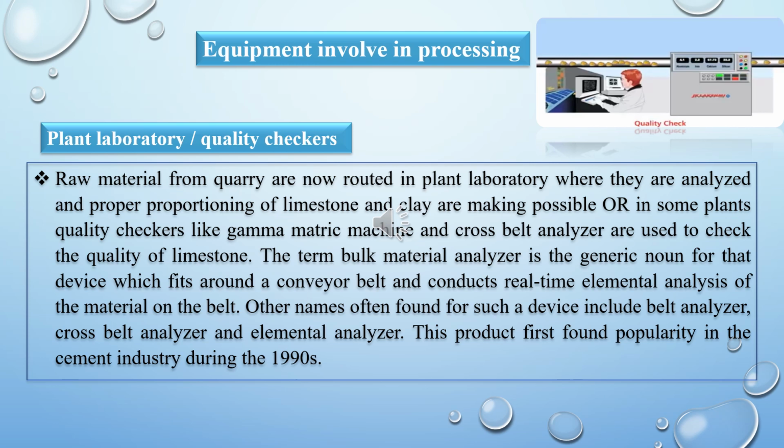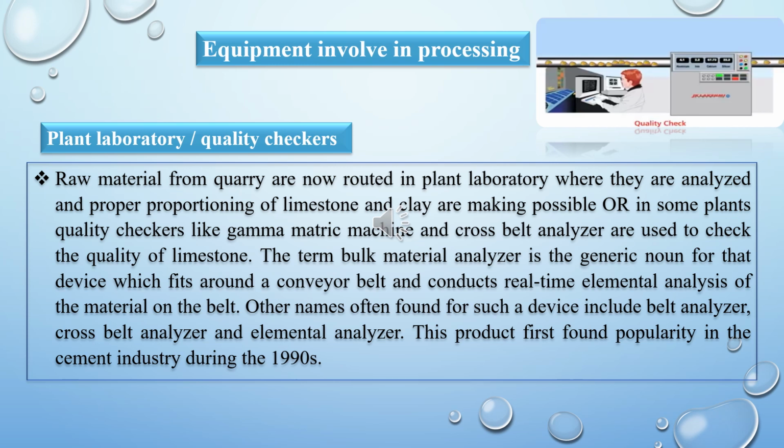Now we are going to discuss equipment involved in that process. The first one is the plant laboratory or the quality checkers. Raw material from the quarry is now routed to the plant laboratory where it is analyzed and proper proportioning of limestone and clay is made possible. In some plants, quality checkers like gamma metric machines and cross belt analyzers are used to check the quality of limestone.